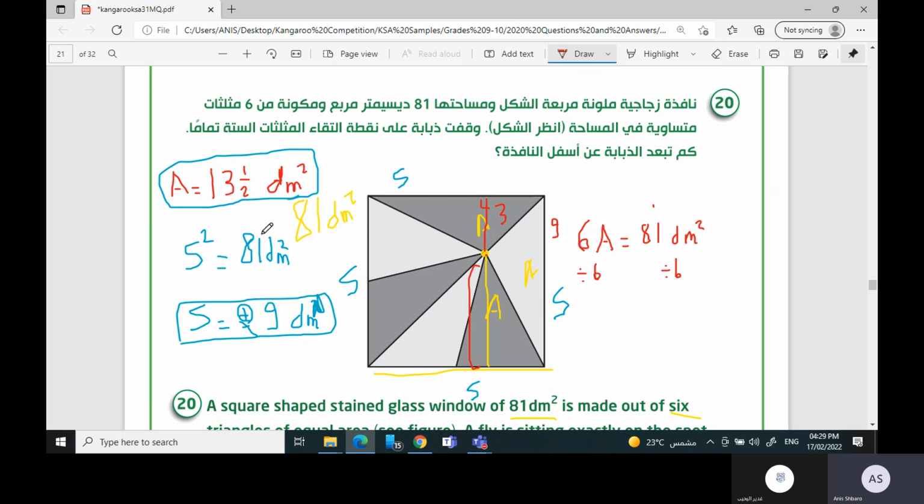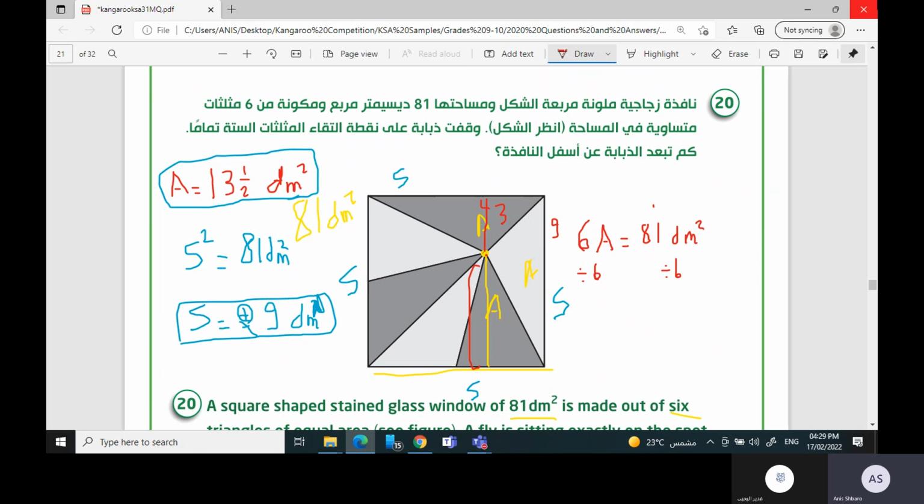Now, I must continue. I know the area of this square is equal to 81, but the general area is side power 2, or s times s, s power 2, equals 81 decimeter power 2. So for s, simply I'm going to apply the square root.